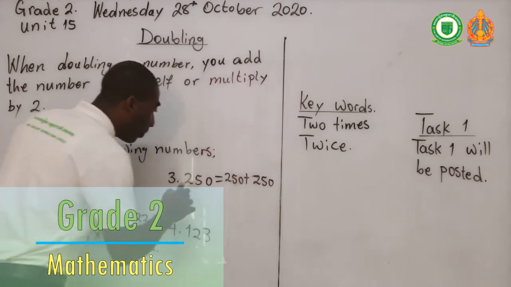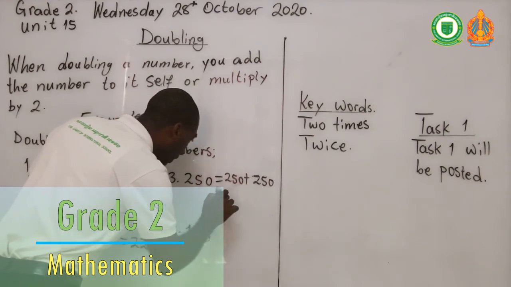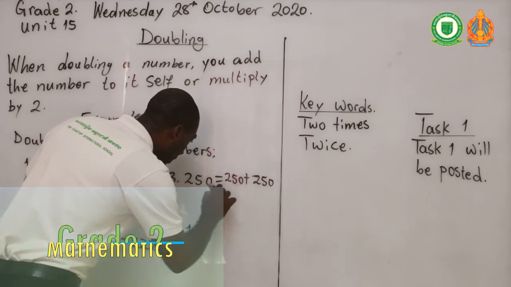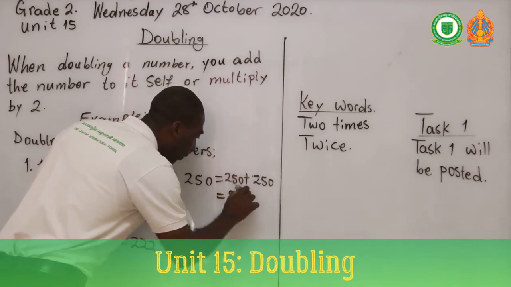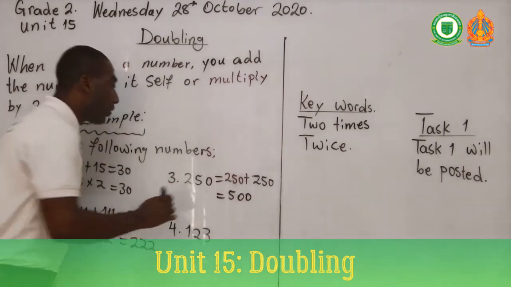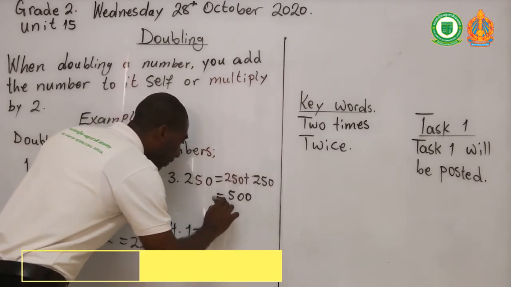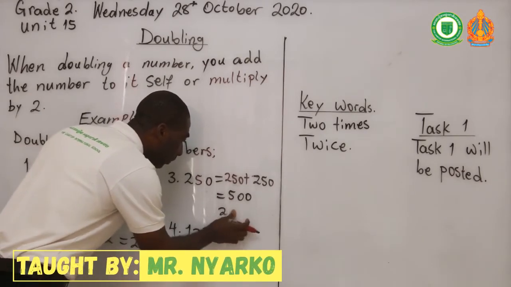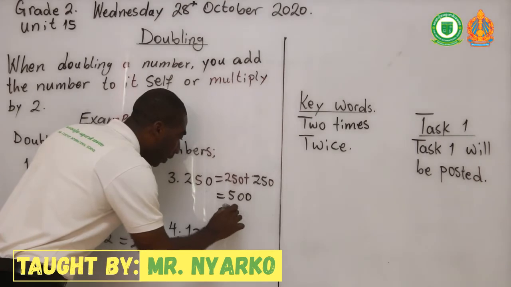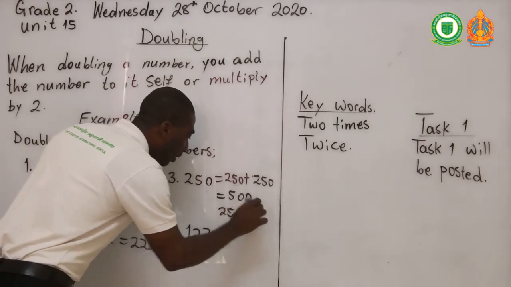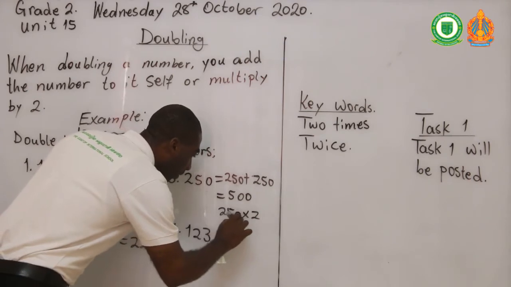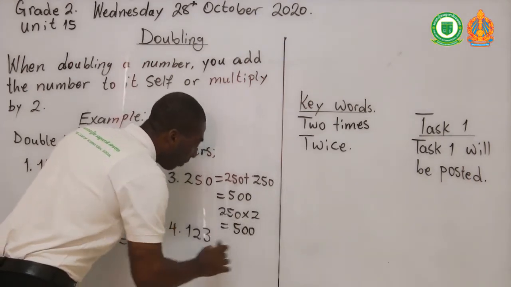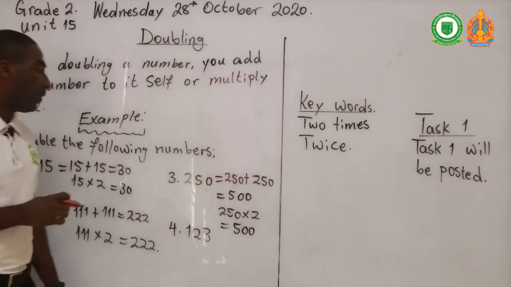And that is going to give us 500. Or you can also say that 250 multiplied by 2, and that will also give you your 500 the same way.